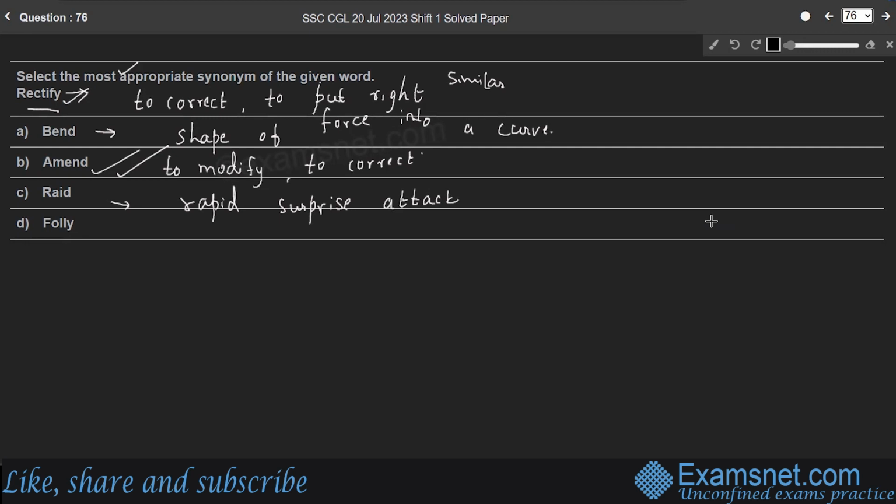For example, the bank robbers wore masks throughout the raid. Next, folly. Folly means lack of good sense or foolishness. For example, events proved the folly of such calculations, the foolishness of such calculations. So for the given question, amend, option B, is the right answer.